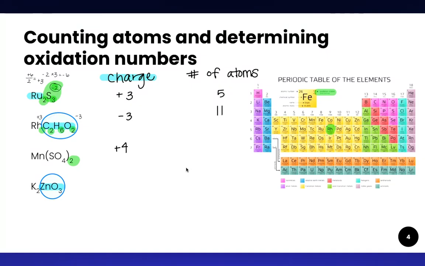So what you need to do is multiply everything inside the parentheses by 2. So there are actually 2 sulfurs and 8 oxygens total. So it would be 8 plus 2, which is 10, plus 1. So there are 11 here.